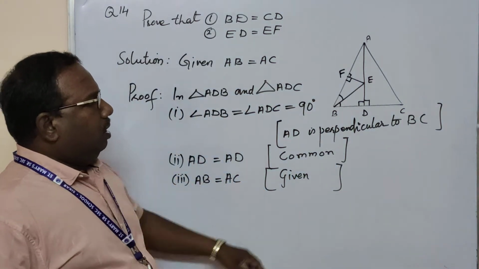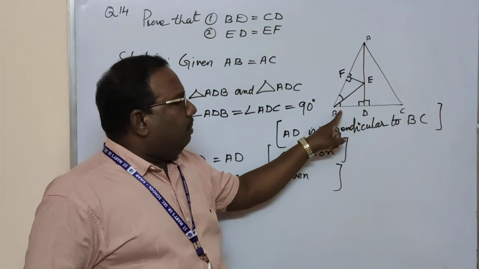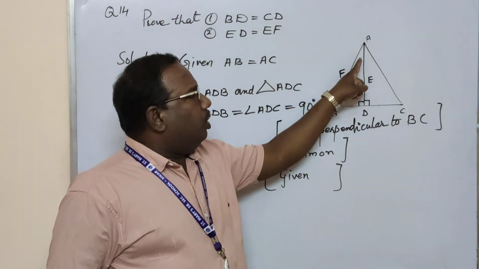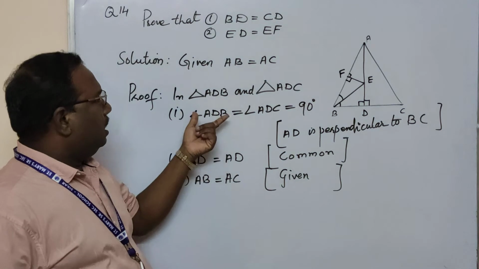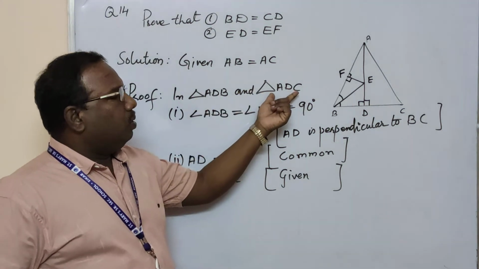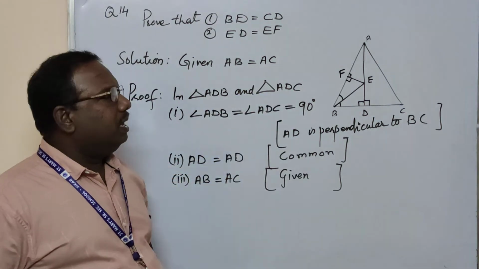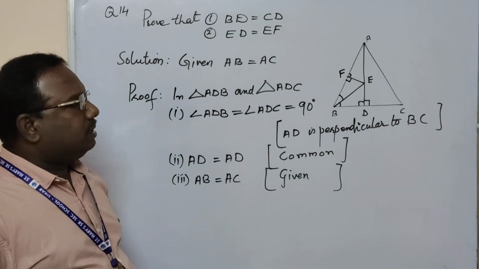Now, triangle ADB is congruent to triangle ADC. That is, triangle ADB is congruent to triangle ADC by RHS.